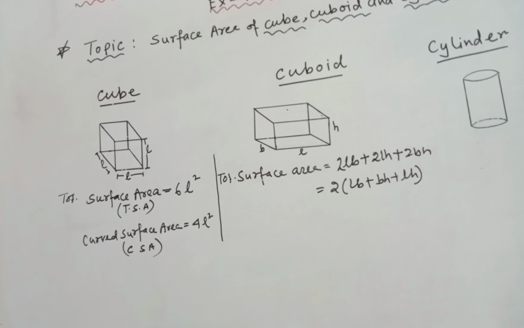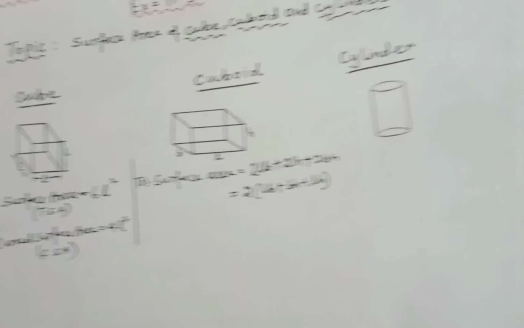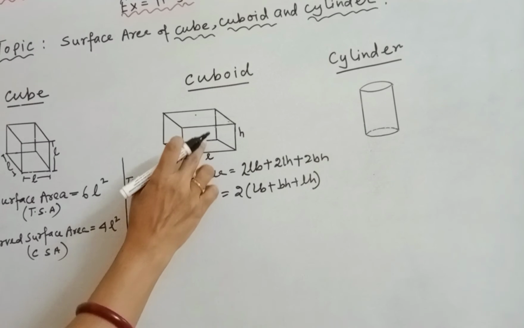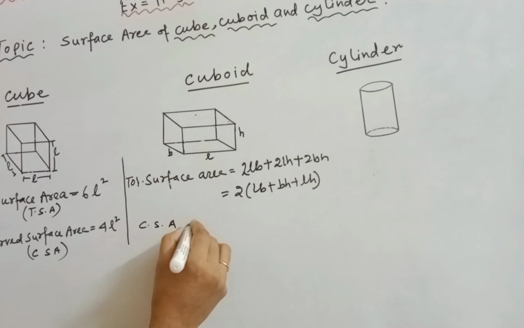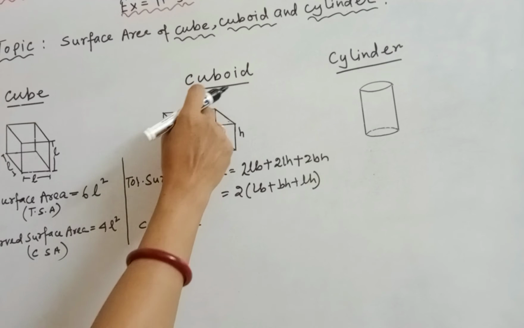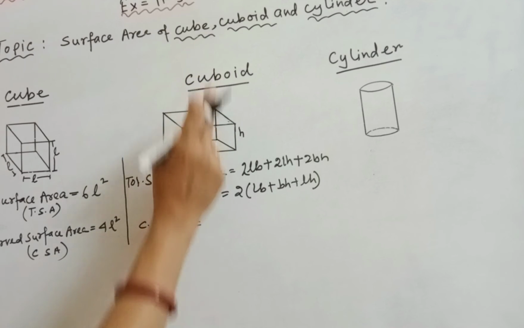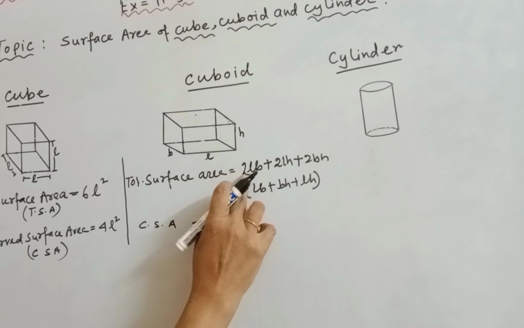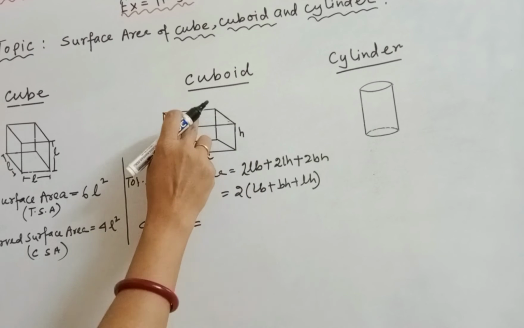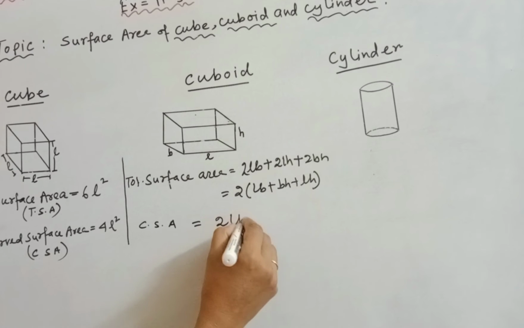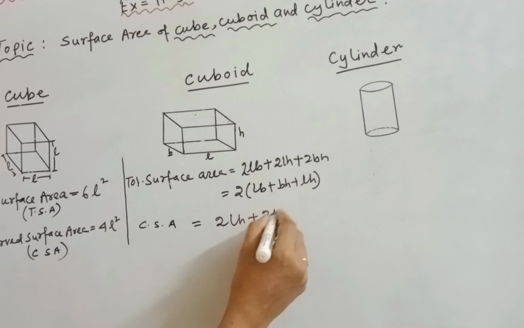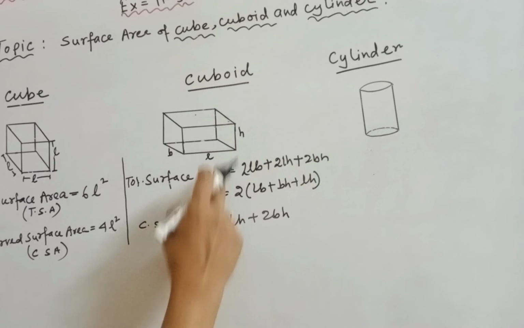Similarly here also, if we take the curved surface area of a cuboid, the CSA of a cuboid, we will leave the roof and floor, that means I will not take 2LB. So only 2LH plus 2BH. 2LH and 2BH only we will take.